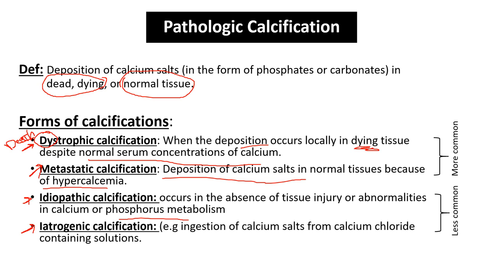So introducing calcium to the animal, or an injection that resulted in remaining of calcium in a certain site. So basically, this is a calcification you introduced from an external source or from your end. Like ingestion of calcium salts from a calcium chloride containing solution, for example.